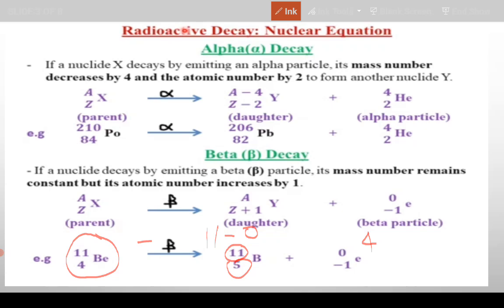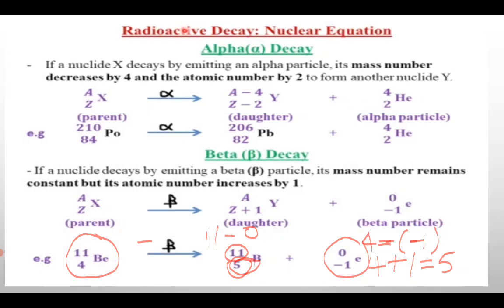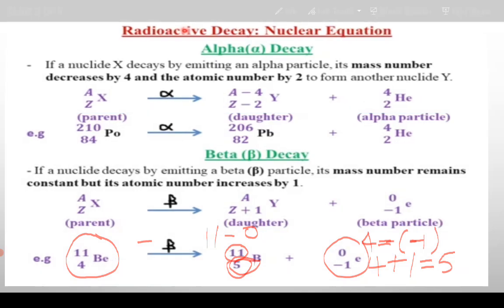So from 4, we subtract the charge on a beta particle, which is -1. A minus and minus will give us a plus, which is 4 plus 1, and that's 5. That's this 5 here. Also don't forget to add at the end the nuclide or the symbol for a beta particle. Very, very important to note.